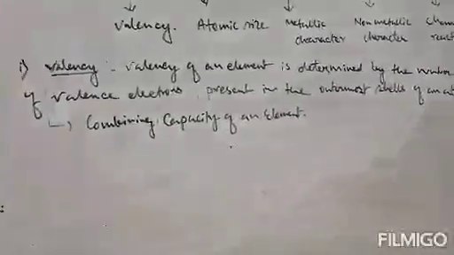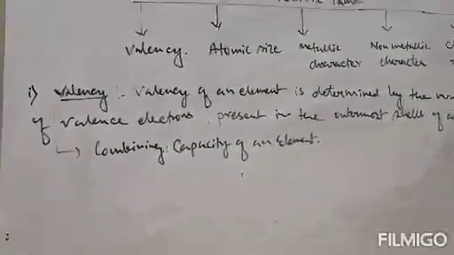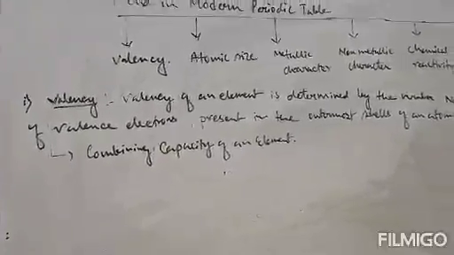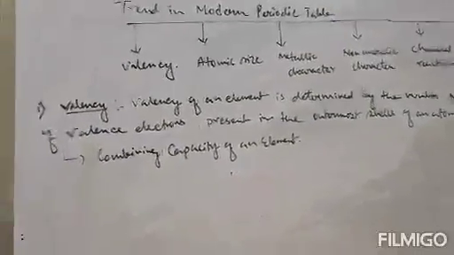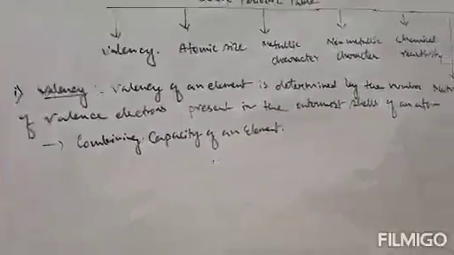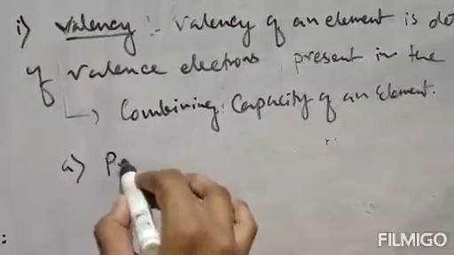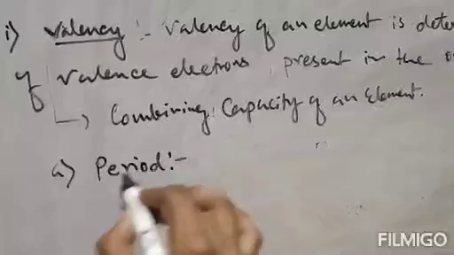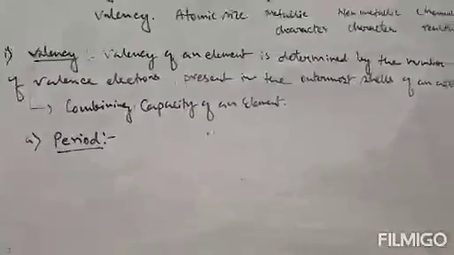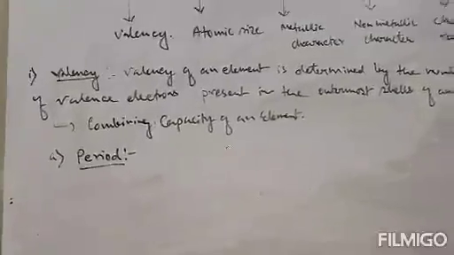Now, how does valency vary in the modern periodic table? It will vary period-wise and also group-wise. First, how it varies across a period.